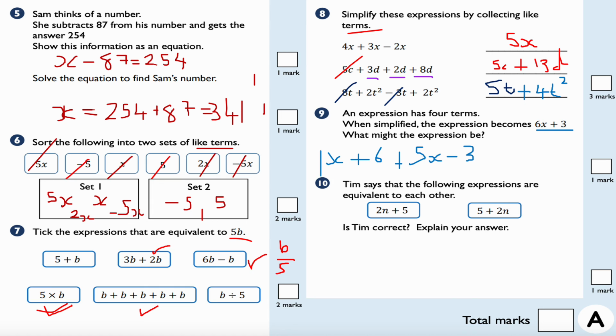I don't need to write the 1 there, but hopefully you're happy with that. Plus 5x is 6x. 6 take away 3 is equal to 3.